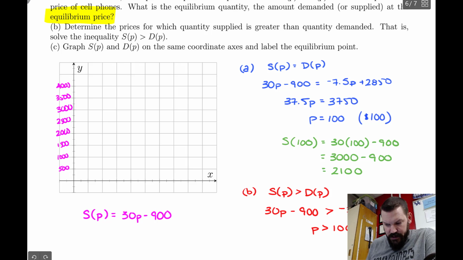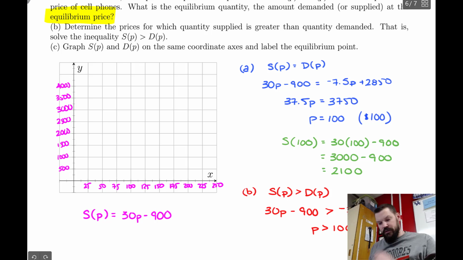And then across the x-axis is where we'll put our cost, or the price, and I'll start out at, we'll say, 25, 50, 75, 100. Okay, so there are my values. So when P is 0, my y-intercept is 900.